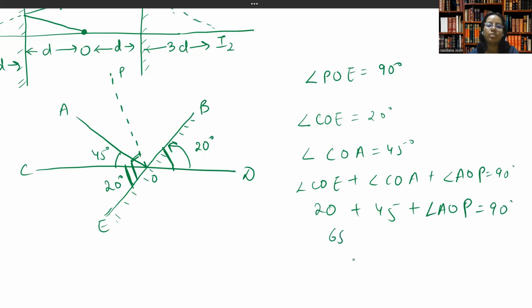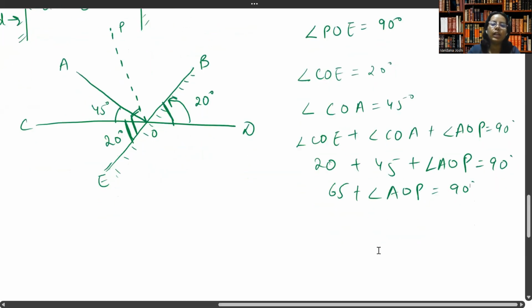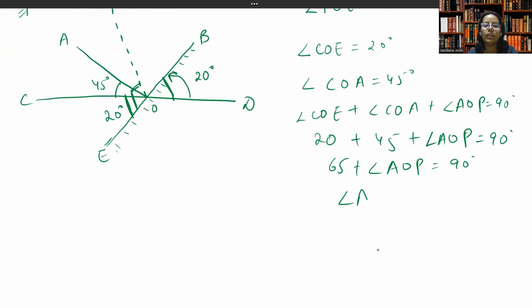So this would be 65 plus angle AOP equals 90 degrees. And this is going to be angle AOP. It's going to be 90 minus 65 degrees. So this is going to be 25 degrees.